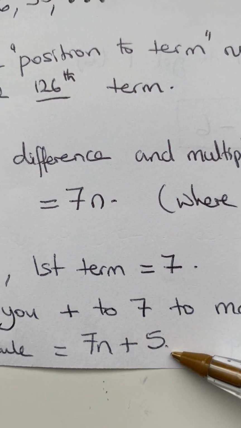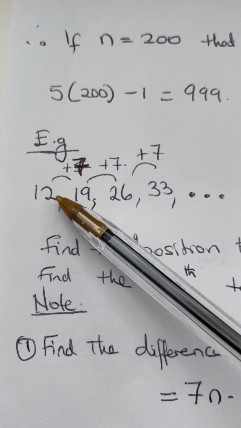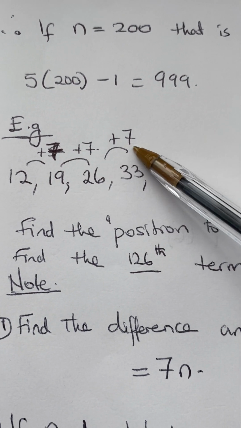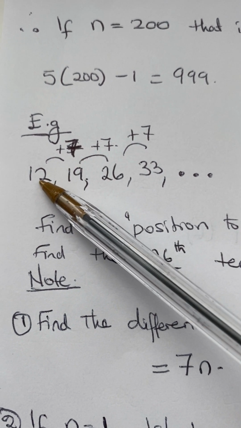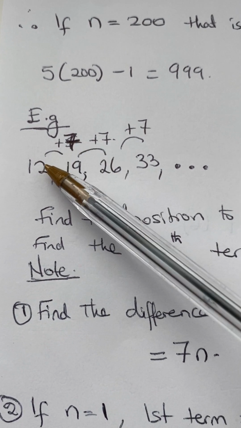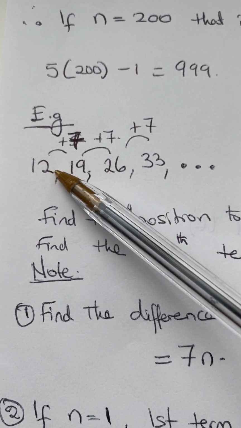There's an increment of 7, so 7n. So n equals 1, if we add 5, then we get 12.